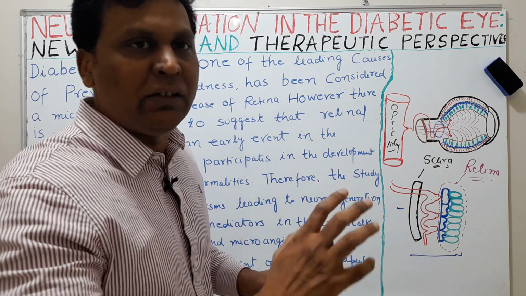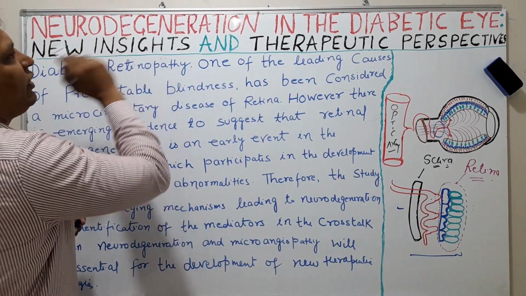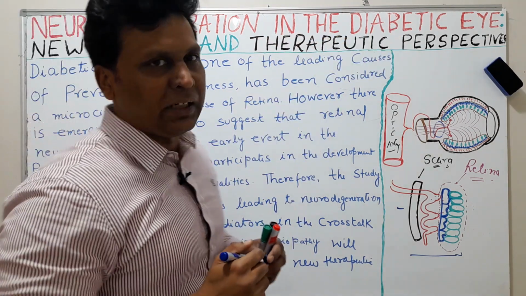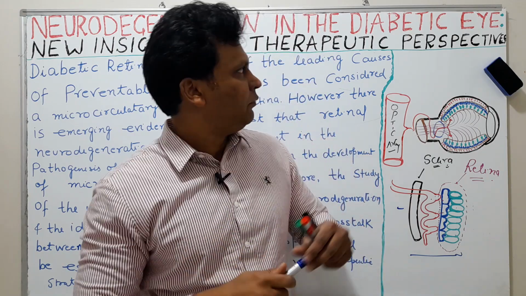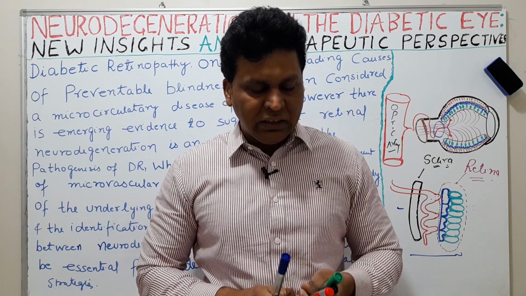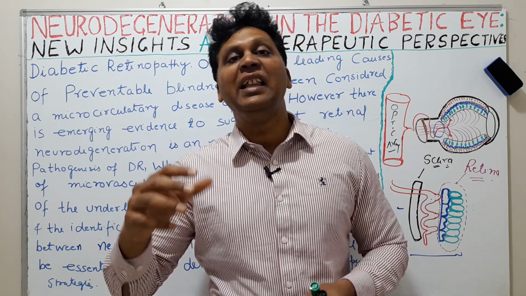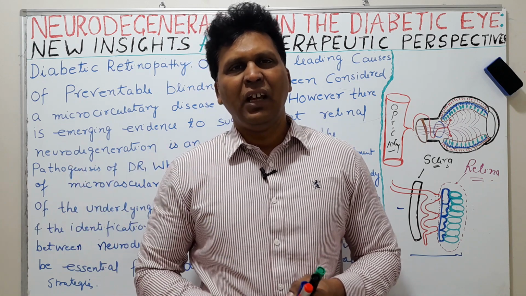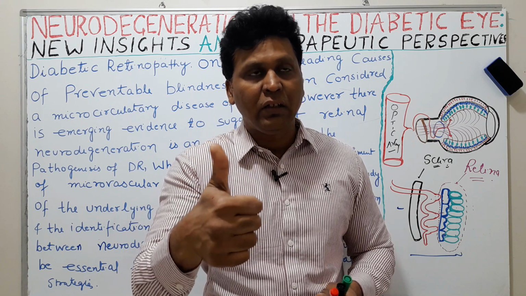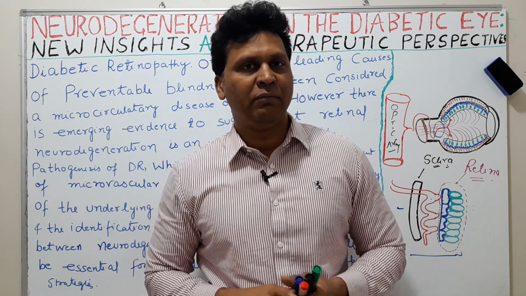So let us explain one by one. The topic is neurodegeneration in the diabetic eye. So what is diabetes? Diabetic eye. Actually, diabetes is a long lasting health disease, a chronic disease that happens when the pancreas does not make enough insulin, or when the body cannot use this insulin effectively.